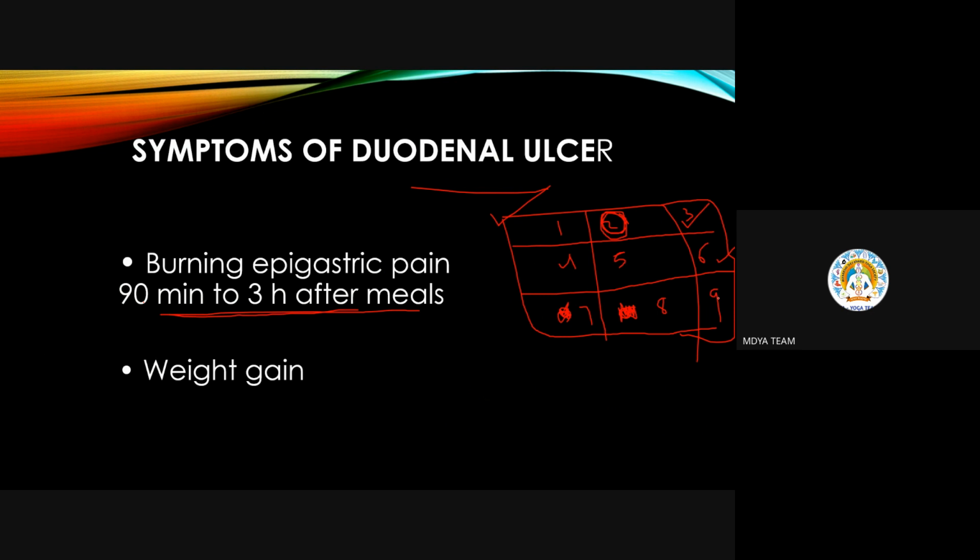This is the right inguinal region, this is the right lateral region. This middle one is the umbilical region, and this one is the right hypochondrium. These three are the same, with only a right and left difference.